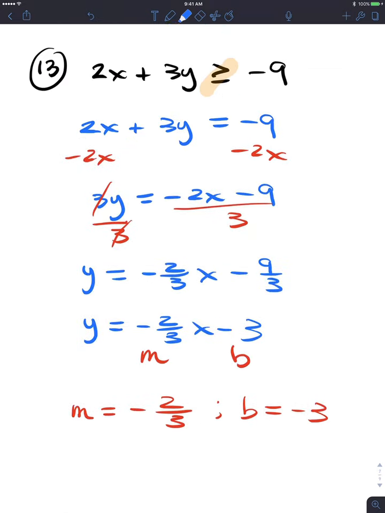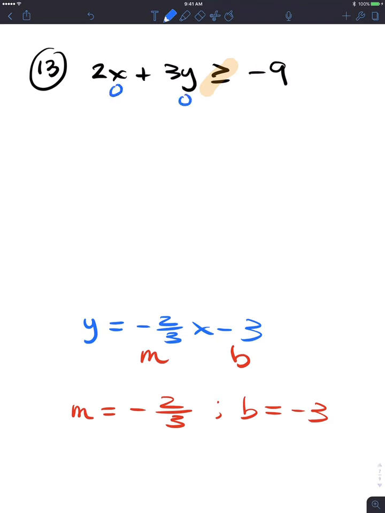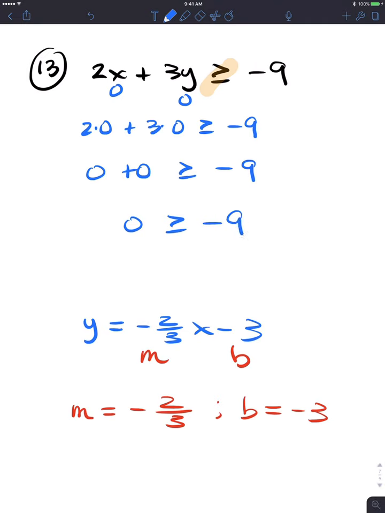Let's go back. We're going to need some space here. Go back to the original inequality and use your test point of x is 0, y is 0. You get 2 times 0 plus 3 times 0 is greater than or equal to negative 9, and I get 0 plus 0 is greater than or equal to negative 9, or simply 0 is greater than or equal to negative 9.